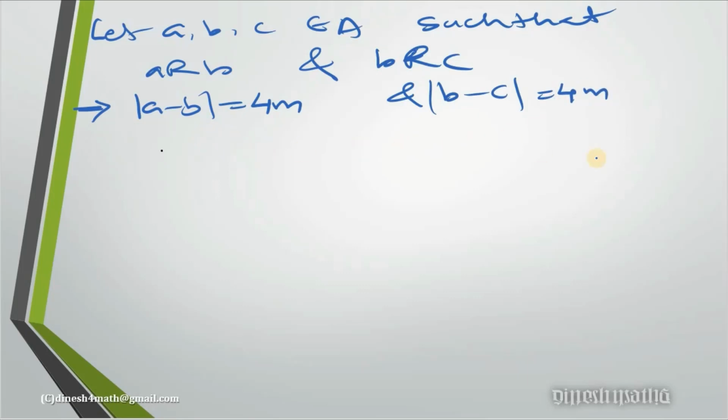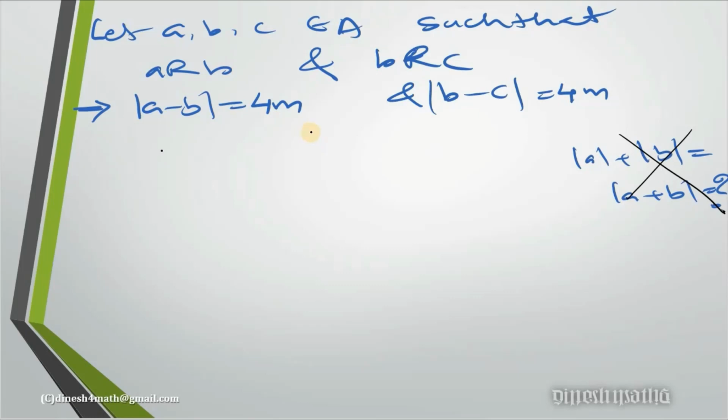So can we add magnitude of a and magnitude of b, and is that equal to magnitude of a plus b? Can we say that is true? Magnitude of a plus magnitude of b need not always be equal to magnitude of a plus b. So clearly you cannot add these quantities directly.